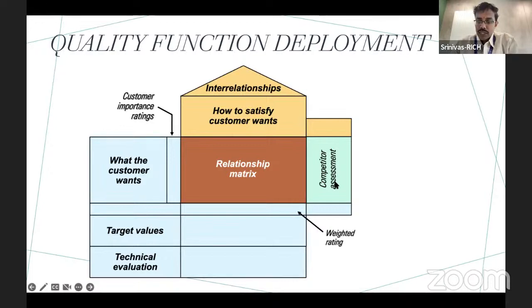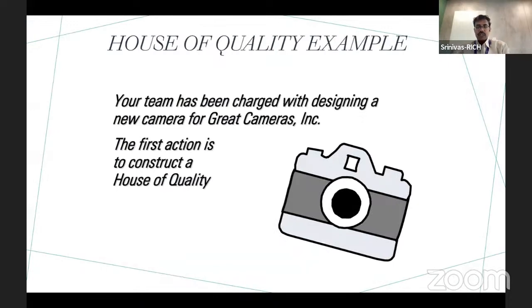And then you also look at evaluating a competitor's product based on the same functionalities and wants. We'll look at it in much more detail next.